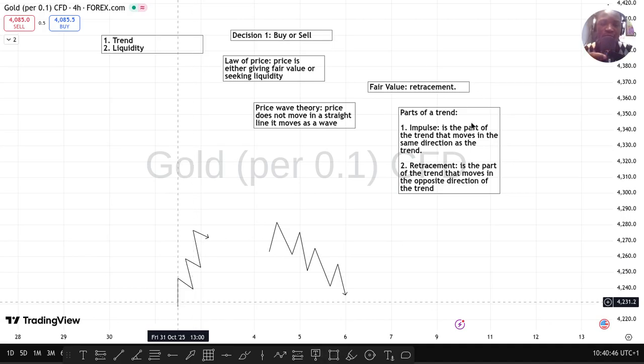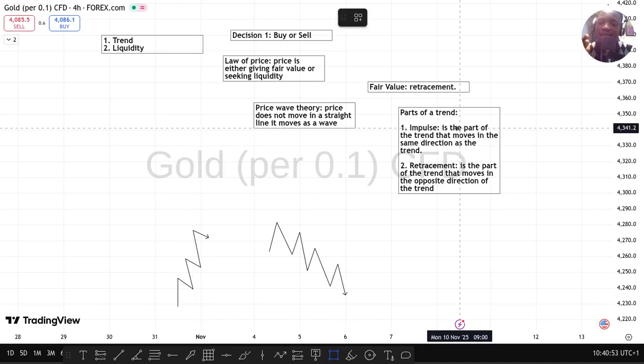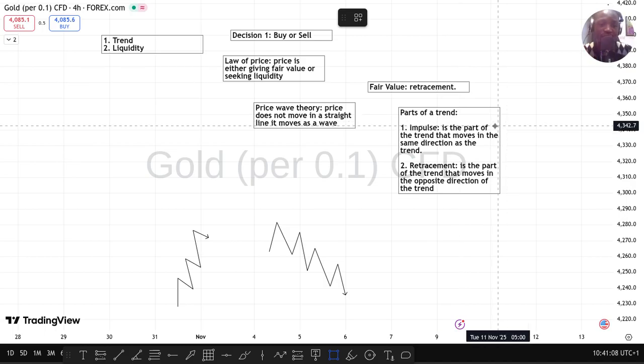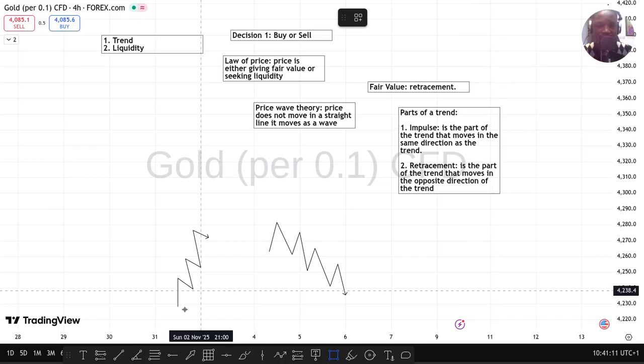Now we said the impulse is the part of the trend that moves in the same direction as the trend, right? So we are going to be going into an exercise to help you spot impulse and retracements in the two types of trends, in uptrends and in downtrends. Now, what is the direction of this trend? Up, right? This is an uptrend.